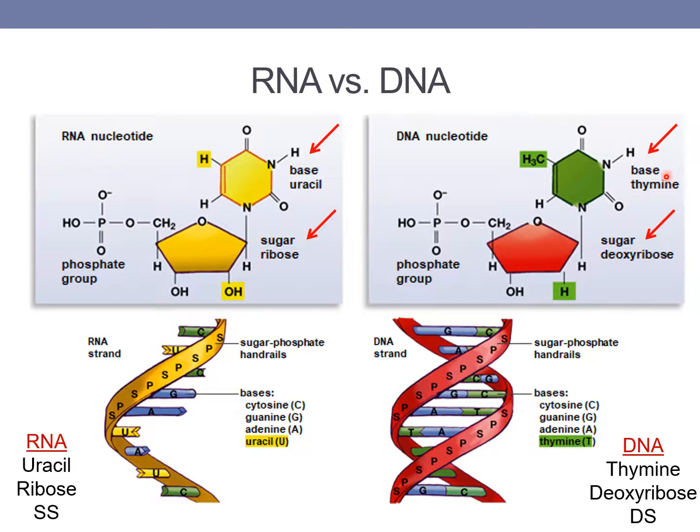And in DNA, we have adenine, thymine, guanine, and cytosine. And so there's this difference here between the uracil versus the thymine in DNA. Also, that difference in the hydroxyl group in the ribose sugar for RNA and the hydrogen that's on the number 2 carbon in the deoxyribose sugar in DNA. And also the single-stranded RNA and the double-strandedness of DNA.